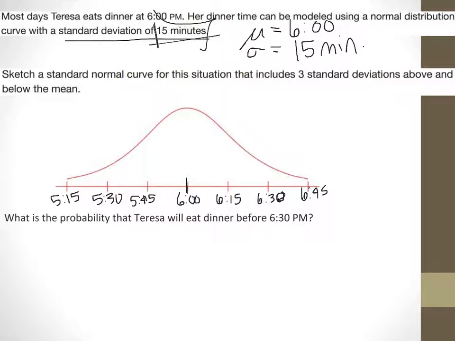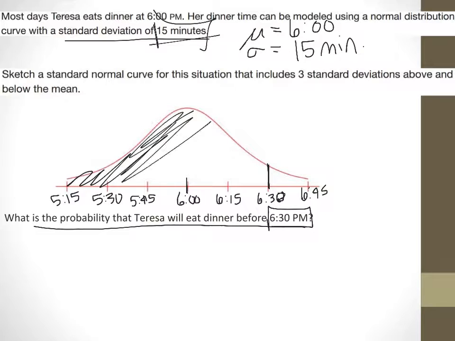So the question is asking, what is the probability that Teresa will eat dinner before 6:30? The first thing I need to do is identify 6:30 on my normal distribution. So that's right here. Before 6:30 would be everything on this side of 6:30.